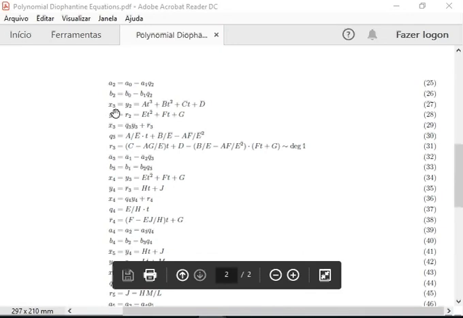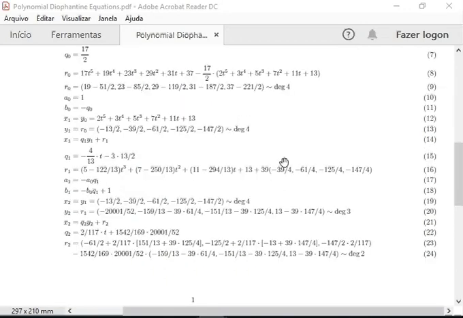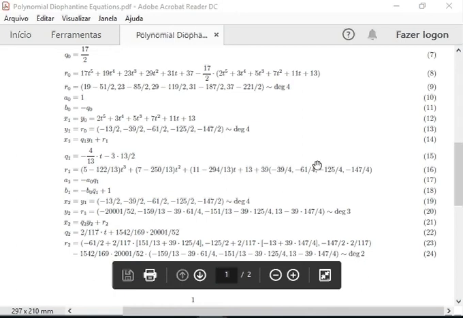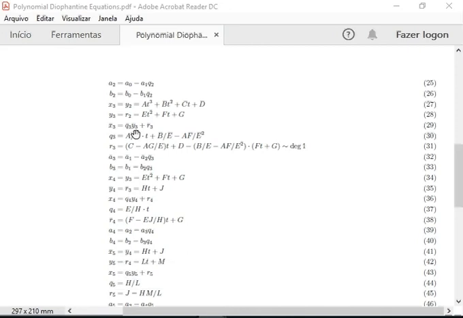And who is x3? It's y2, a polynomial of degree 3 indicated by A, B, C, big D. Who is y3? It's r2, a polynomial of degree 2, Et2 plus Ft plus big G. So degree 3, degree 2. x3 divided by y3 equals quotient q3 and remainder r3.